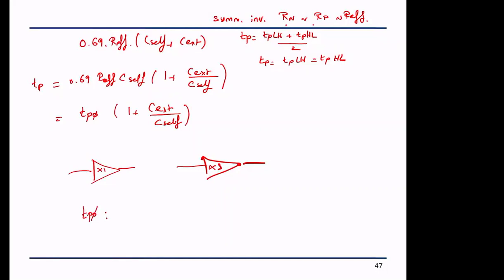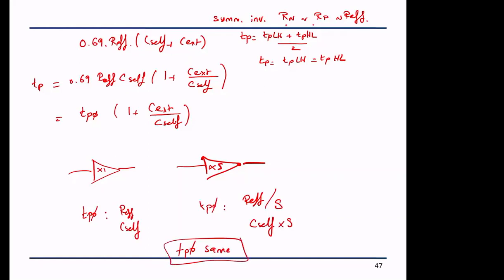Here it has R effective and C self, and here the Tp0 is going to have R effective. If the transistors are sized S by S, the R will be reduced and the capacitance at the drain node will be increased, and therefore Tp0 will remain the same.